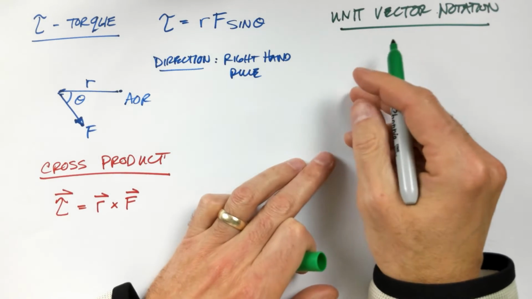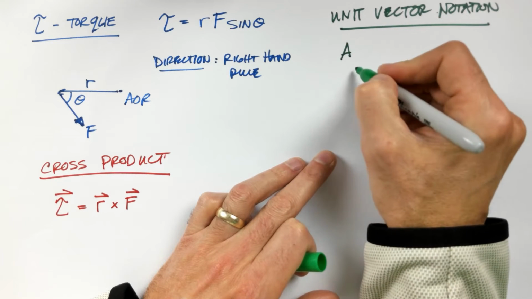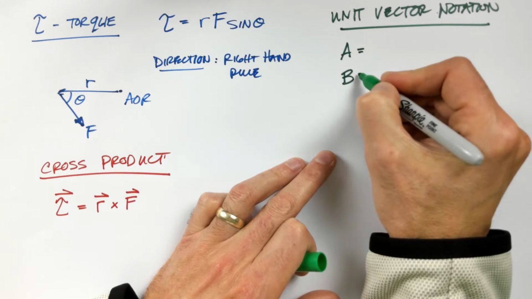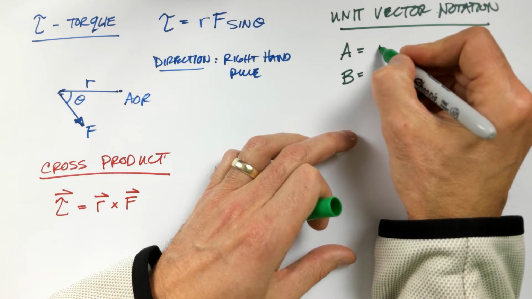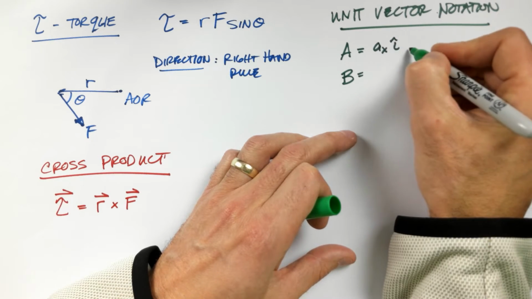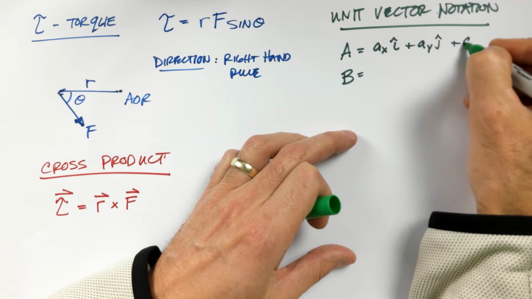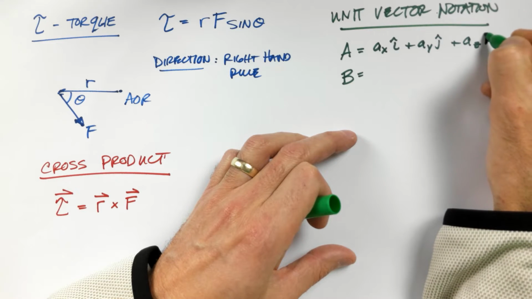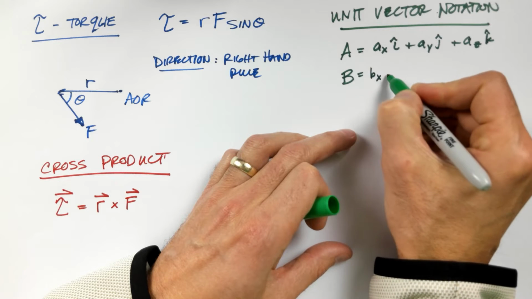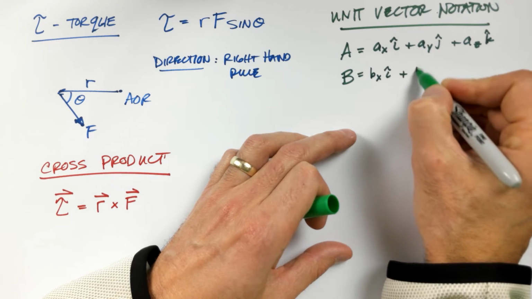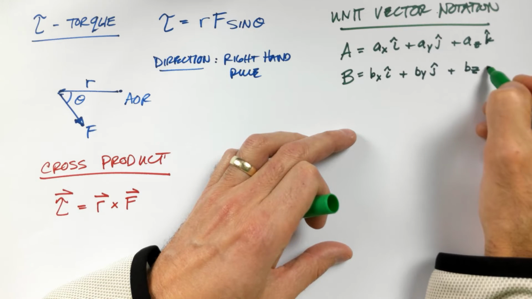Let's cross two vectors, vector A and vector B. And A, we will say, has the three dimensions for unit vector notation: A_x in the i hat plus A_y in the j hat plus A_z in the k hat. And for B, we'll do the same thing: B_x in the i hat plus B_y in the j hat and B_z in the k hat.